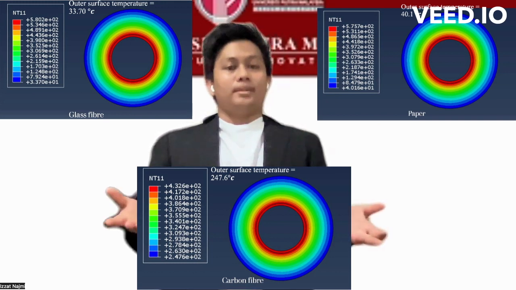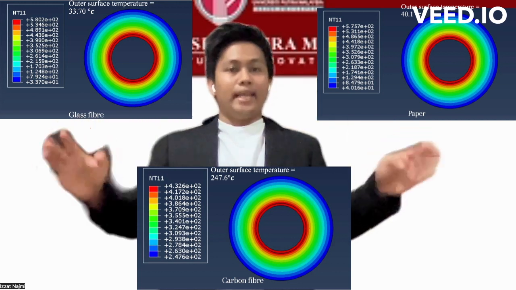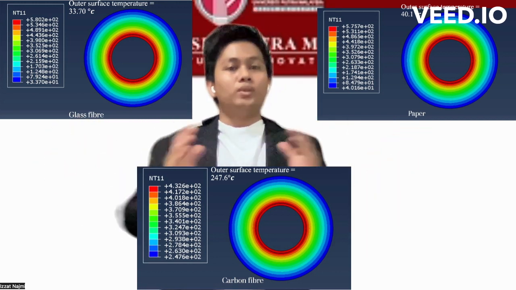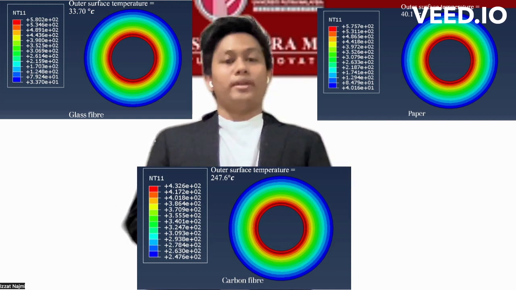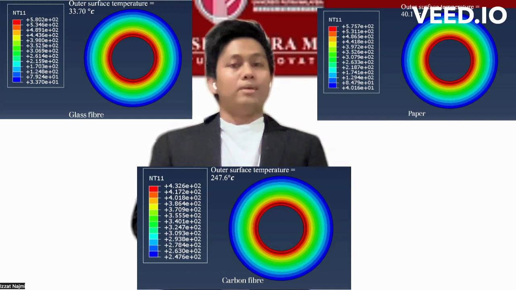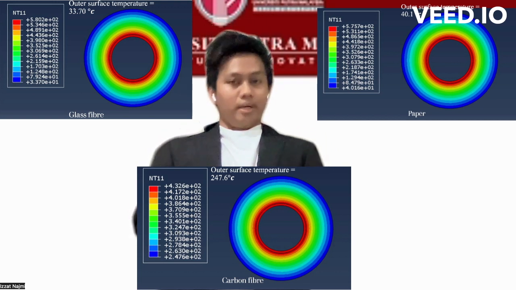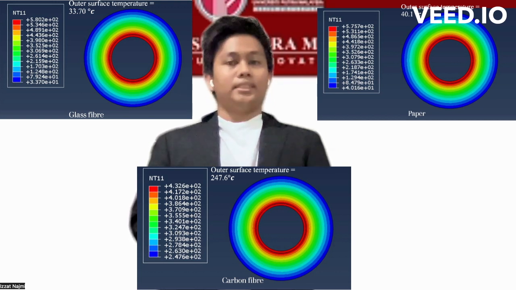We can observe that the outer surface layer, represented by the blue color, of the fiberglass material shows a temperature of 33.7 degrees Celsius, while the paper shows a temperature of 40.1 degrees. Carbon material results in an outer surface layer temperature of 247.6 degrees Celsius.